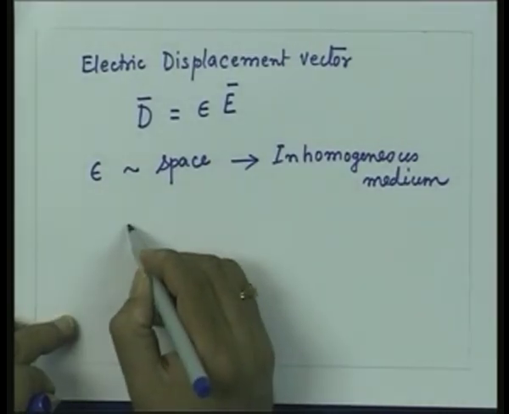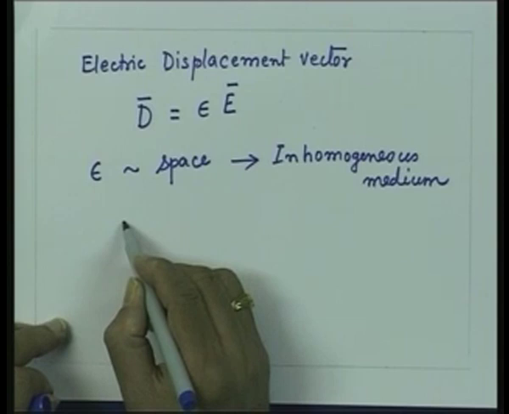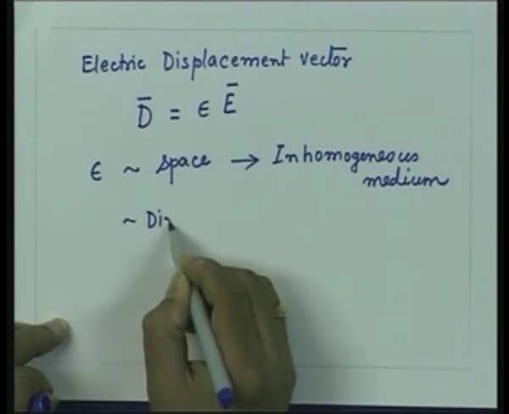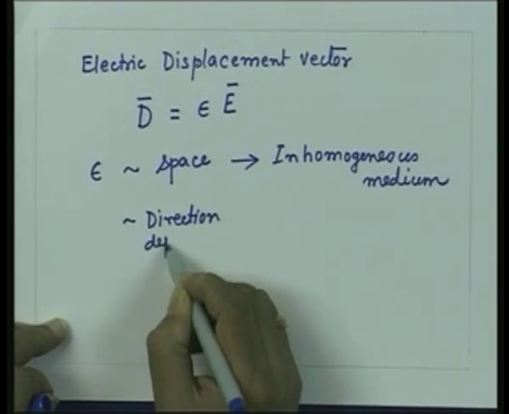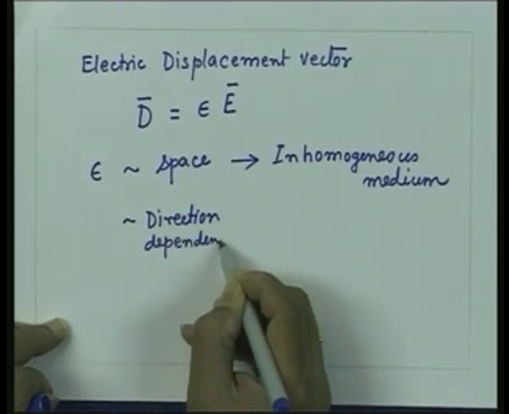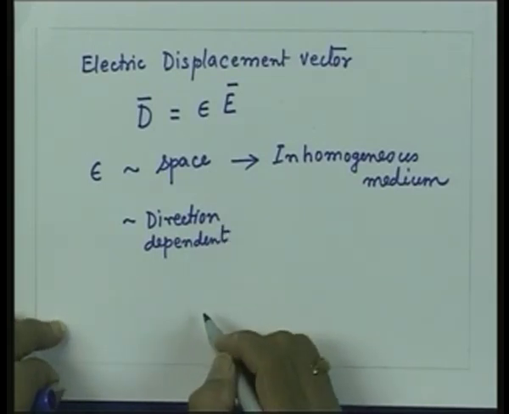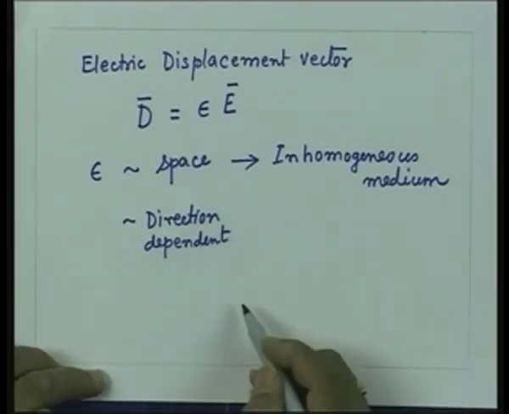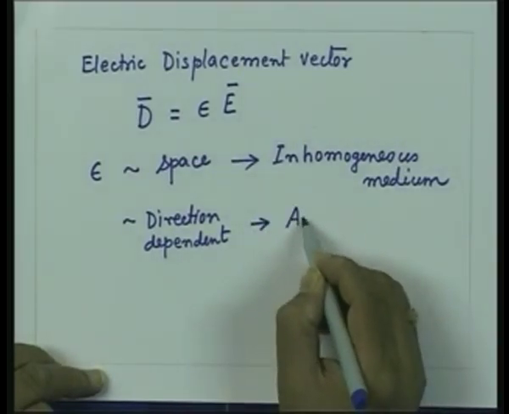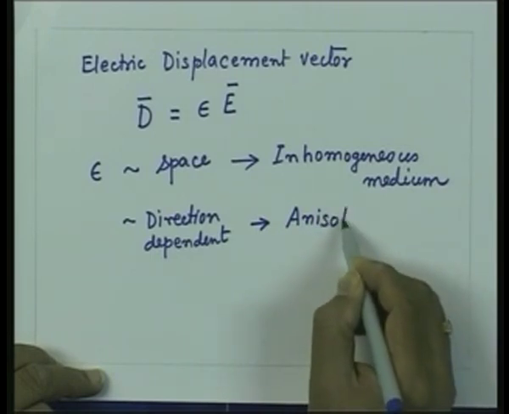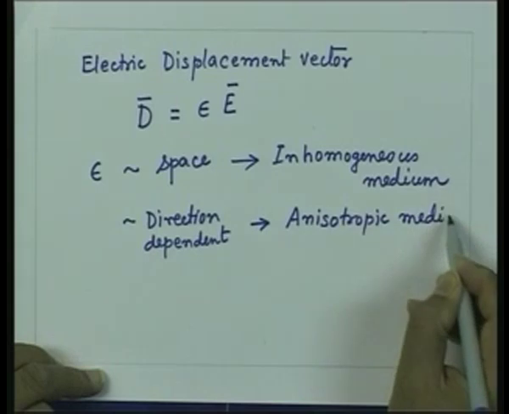If epsilon is a function of direction, if epsilon is direction dependent, then the medium is called an anisotropic medium. Isotropic medium.